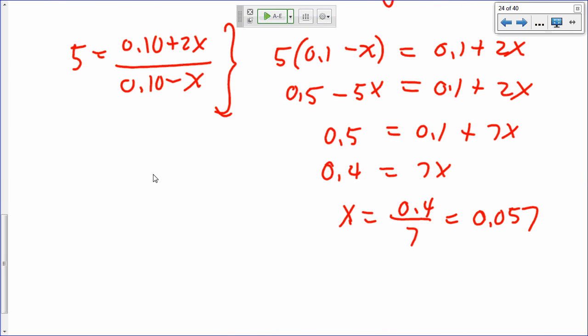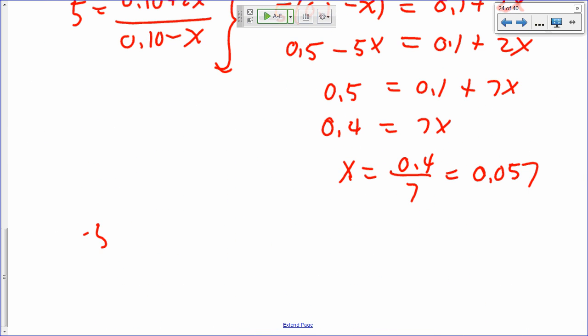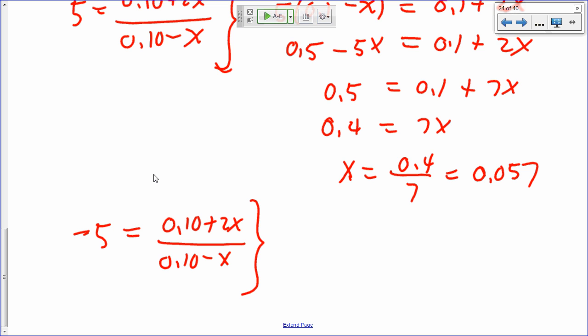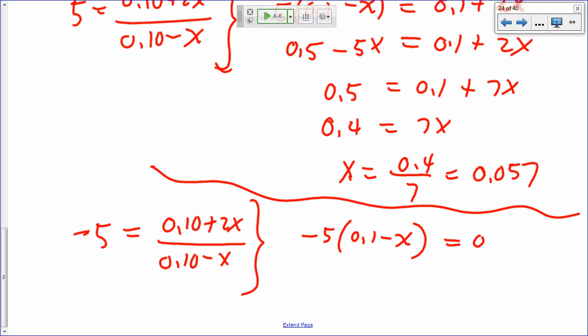What if you did the other one? What if you did -5 equals 0.10 plus 2x over 0.10 minus x? What would you get? It's going to be -5 times 0.1 minus x equals 0.10 plus 2x. So that's going to be negative 0.5 plus 5x, right, equals 0.10 plus 2x.